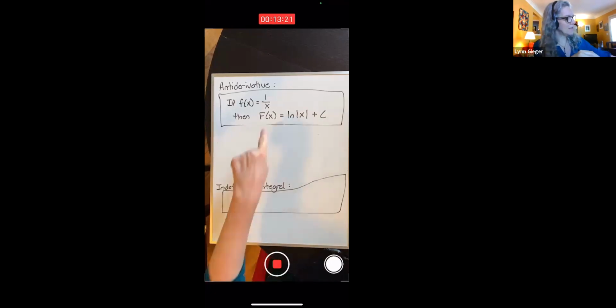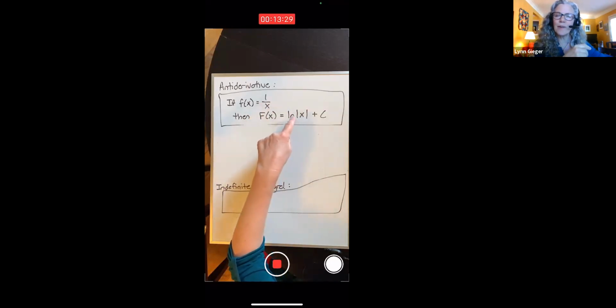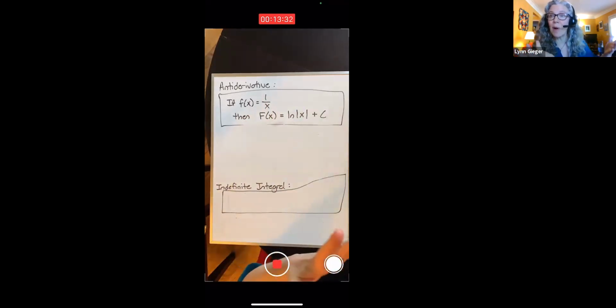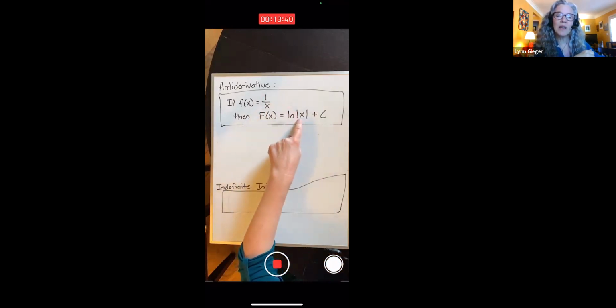Now, the 0 is also a problem in this function right here. So the fact that I can't have a 0 here and I can't take the natural log of 0, both those functions share the same problem. So that's okay. But a -2 right there wouldn't be a problem, but a -2 over here would be.